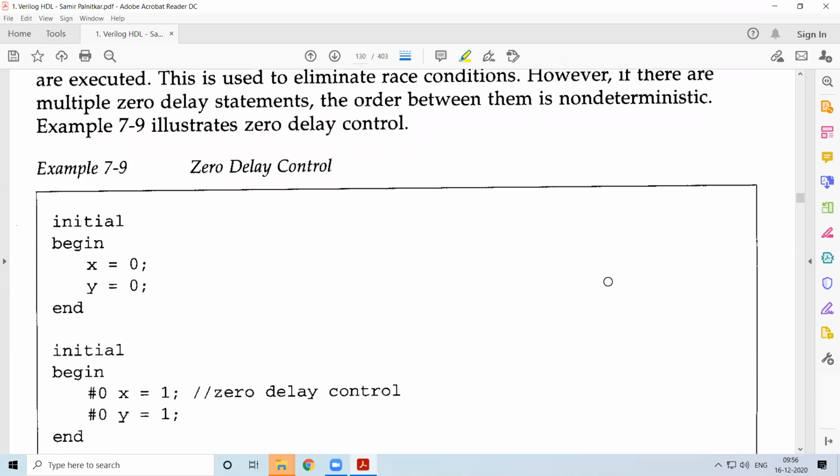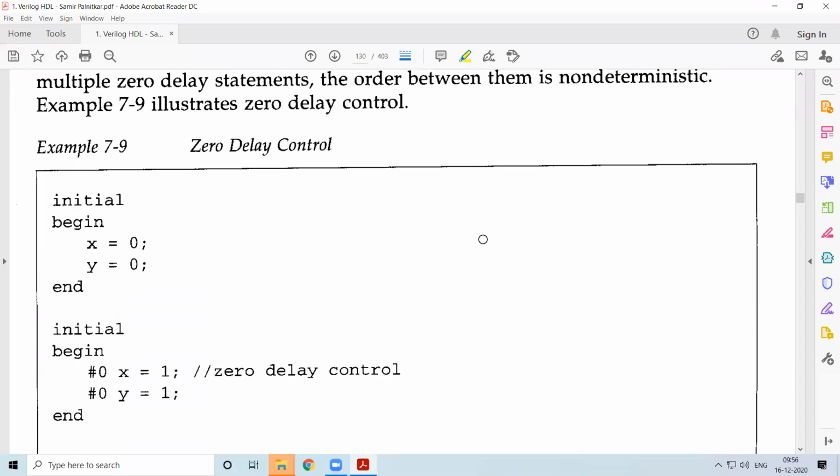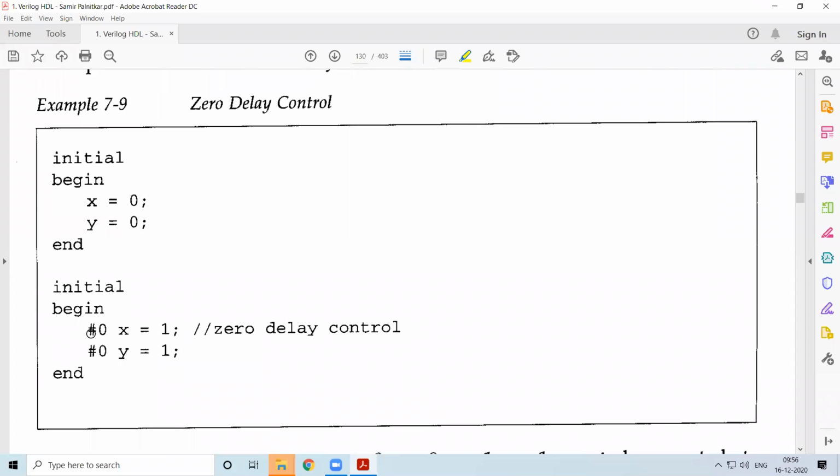After all the statements, say the task is over, only the rest of the statements have to be executed. So in such cases we go for zero delay assignment, which is specified by #0.